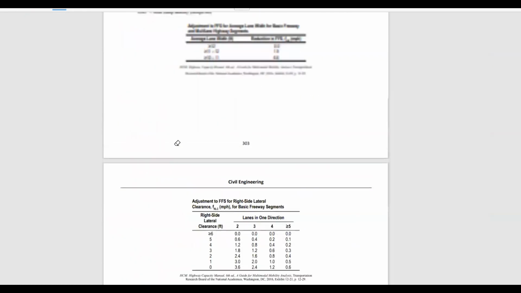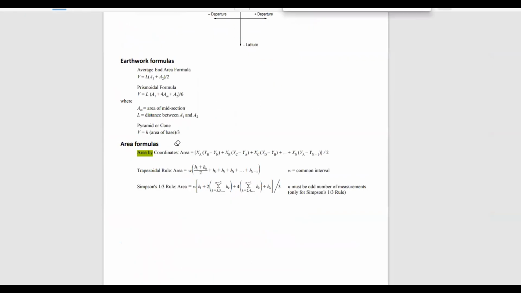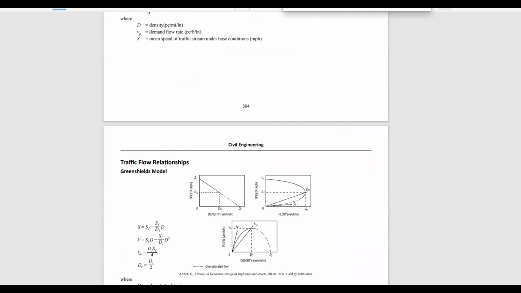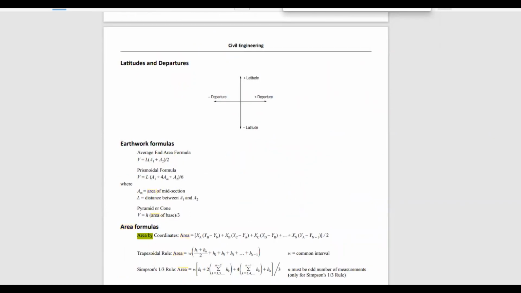If you're anywhere in the FE handbook, you just type area by coordinates, and it gets you here, and the formula is right here. And if you don't know how to do this, I'm going to quickly draw this polygon, a closed traverse, A, B, C, D, E.